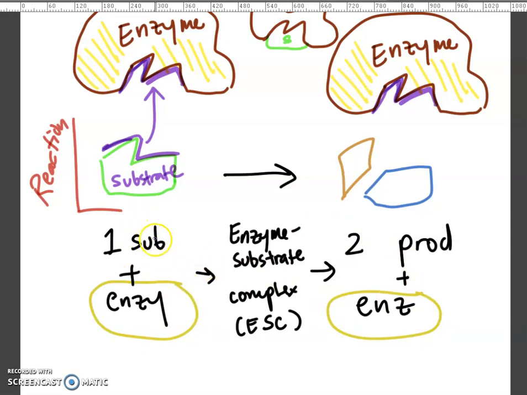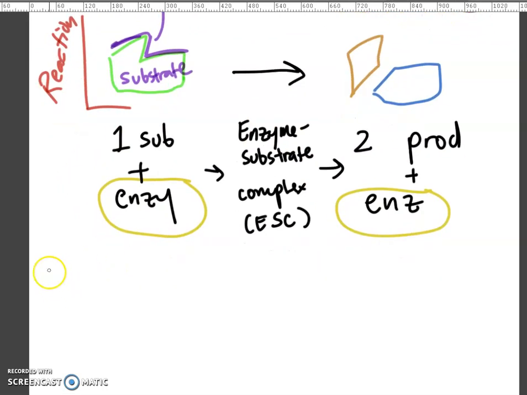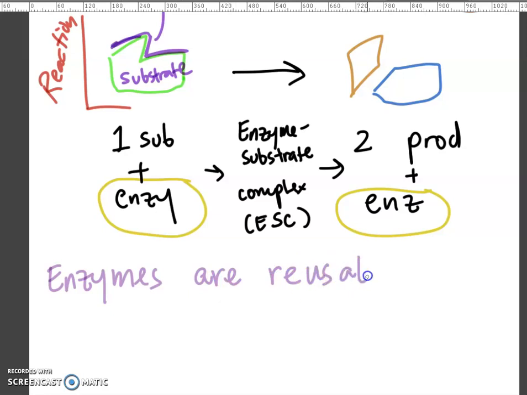Even though your substrate turned into your two products, your enzyme was not used in the chemical reaction. So this means your enzymes are actually reusable. You can use these over and over again until you are out of substrate to make into products. So enzymes are reusable.